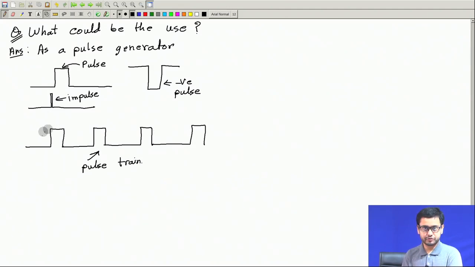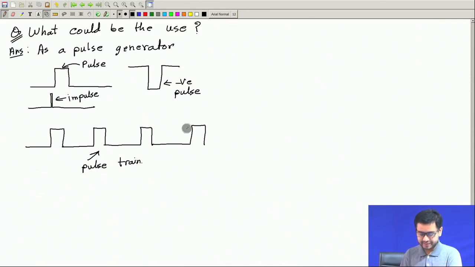This type of signal is often very useful in many laboratory experiments to generate this train of pulses. Just like we need a function generator which can generate a square wave or triangular wave, we also sometimes need a pulse generator, a pulse train, for some experiments.